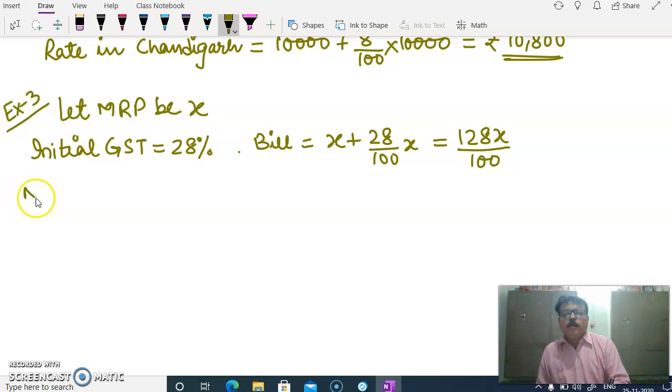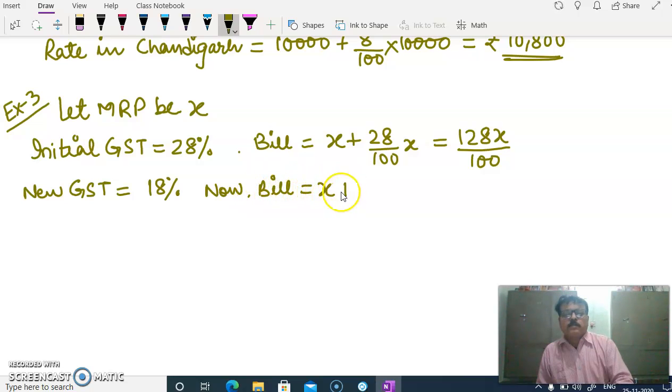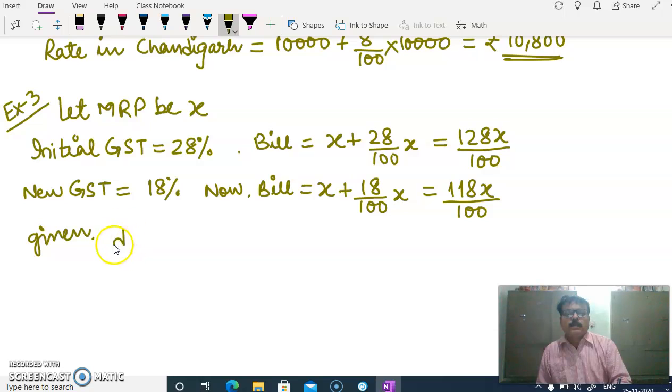Now the new GST is 18%. Now the bill will be x plus 18% of x, which is 118x upon 100. We are being given that the difference in bills is rupees 600.